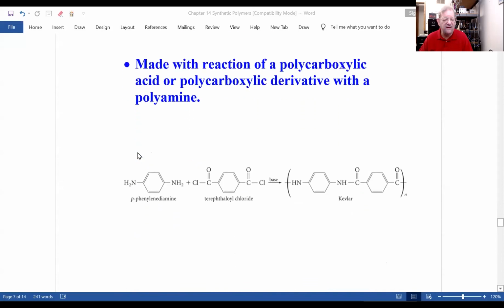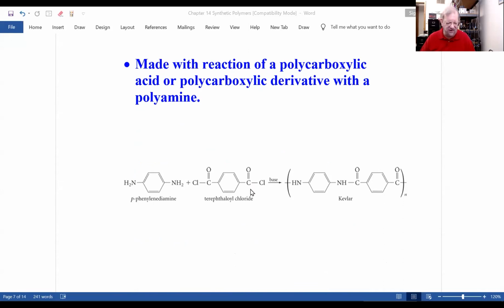Now, polyamides are also important. Polyamides are made by reacting a dicarboxylic acid and a diamine. Now here's an example I have here. If you take this diamine, two amines there.